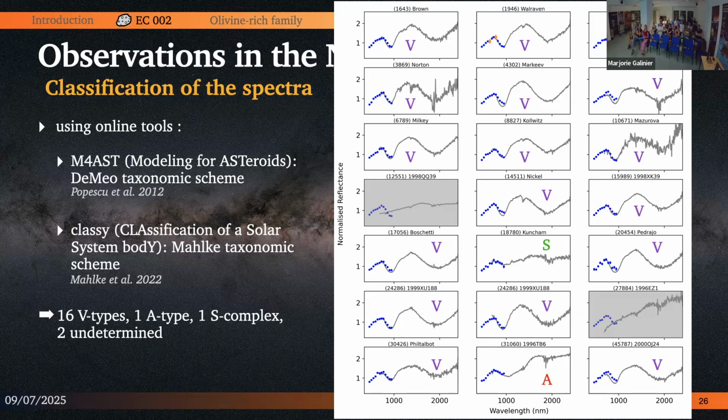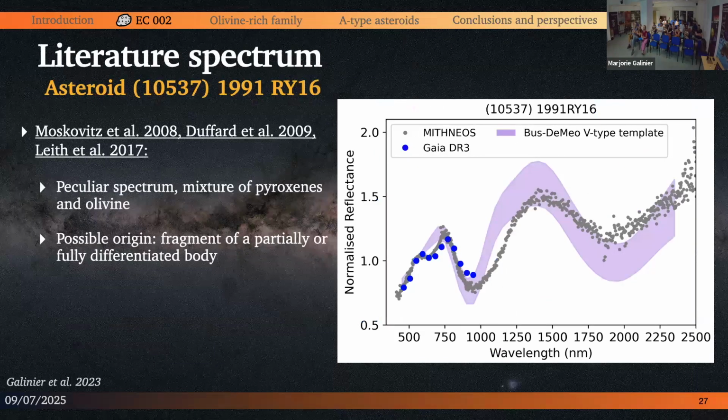Their near-infrared spectra are a bit peculiar, so maybe there was a problem during the observations, because it doesn't match at all with the visible spectrum. So we did not take these two into consideration. Then we wanted to see whether these objects match the meteorite or not. I used all of these objects, and we considered as well another asteroid known in the literature to have a peculiar spectrum.